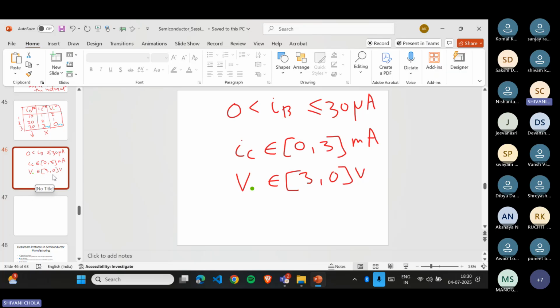So one can say, okay, this transistor will only act like an amplifier if you use base current from 0 to 30 microampere. It will have the property of amplifying if you use your current in this range, and you can appreciate this range is very small. 30 microampere is such a small current, but because of this you can control the current through your circuit.